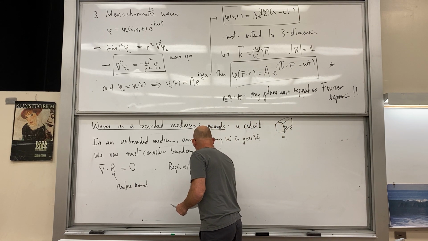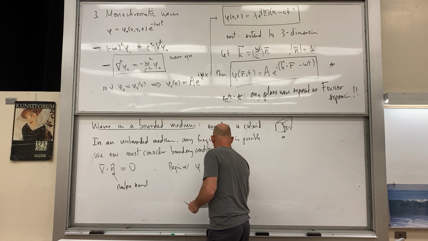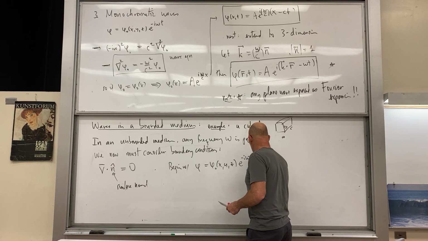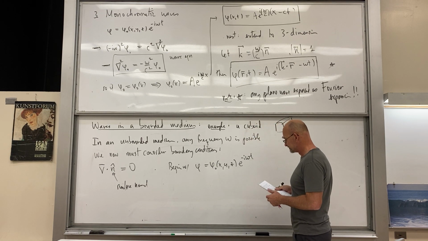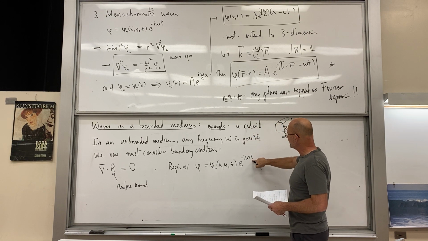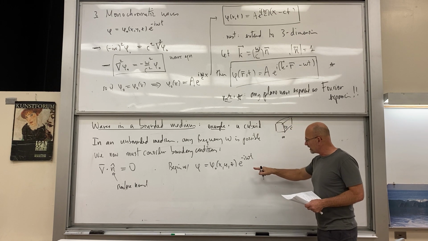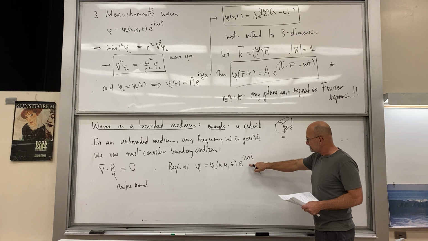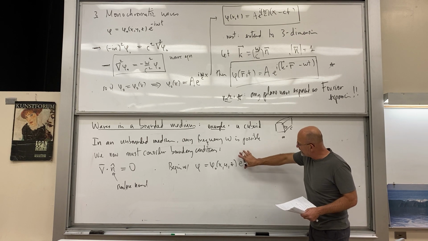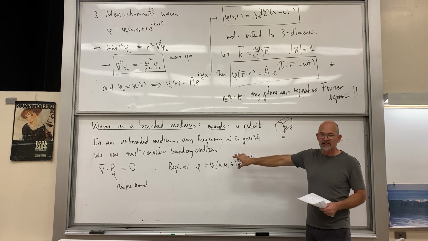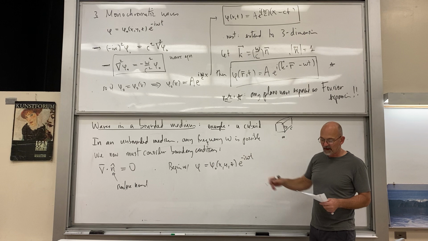So we're going to begin with phi equal to phi naught of x, y, and z, times e to the minus i omega t. Then we have to satisfy the boundary conditions, and that'll basically be with a combination of these that turns our exponential functions into sinusoidal functions, sine or cosine.